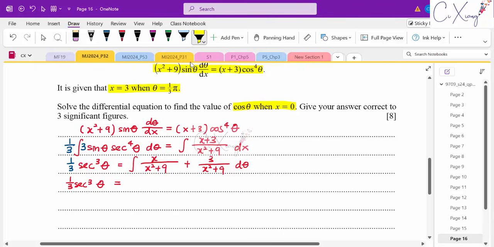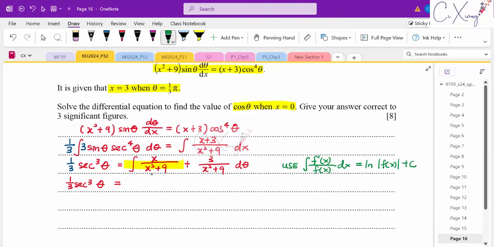Okay, so for this one, x over x squared plus 9, it is basically the f prime x over f x pattern. Okay, so how do I know that it is f prime x over f x pattern? Because I know that if I differentiate x squared plus 9, I will get 2x. So the 2x, I already have the x on top.